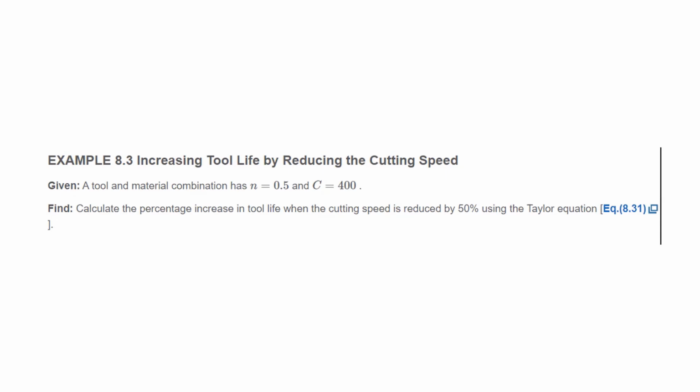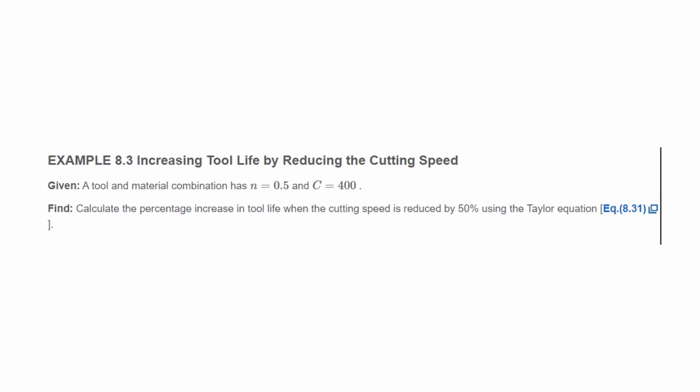Because this is a constant for the same tool material combination, and n is 0.5, that means V1 square root of T1 equals V2 square root of T2. Squaring both sides, V1 squared times T1 equals V2 squared times T2.